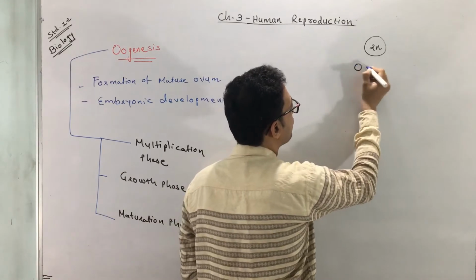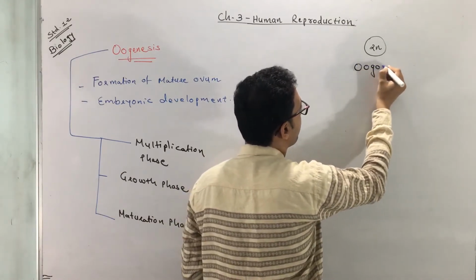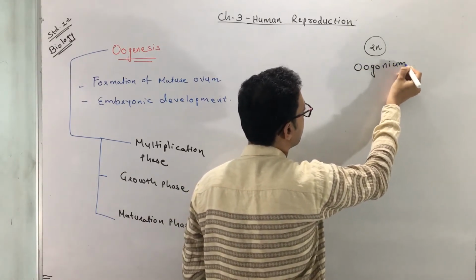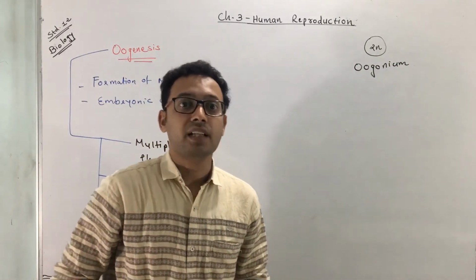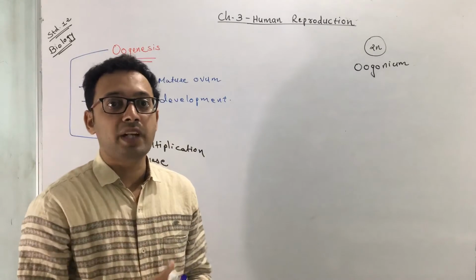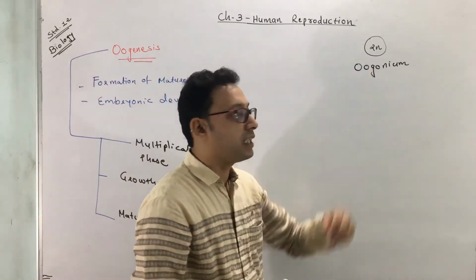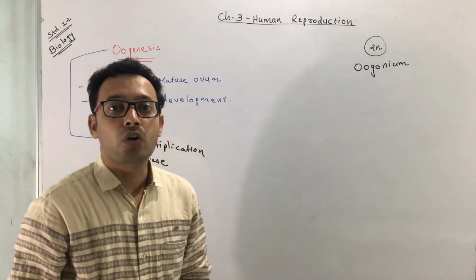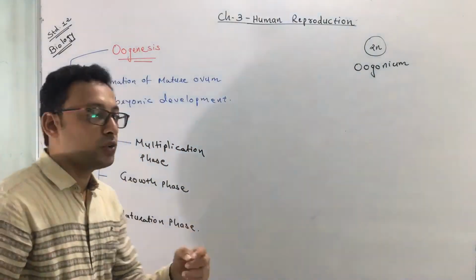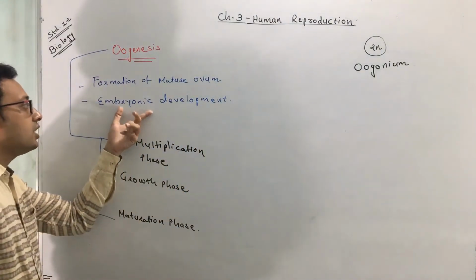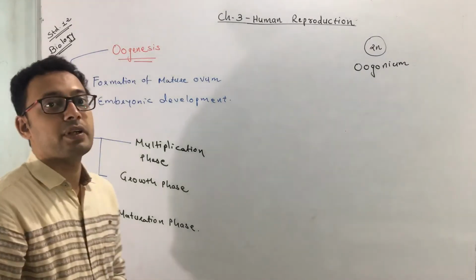This cell is called an oogonium, or you can also call it a female germ cell. The female germ lining contains a specialized cell, that is called an oogonium. From this, the process starts. I have already told you when the process starts: during the embryonic development.